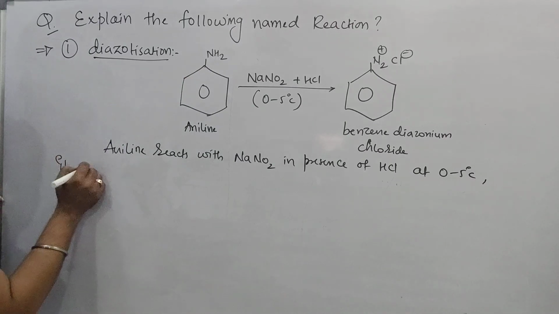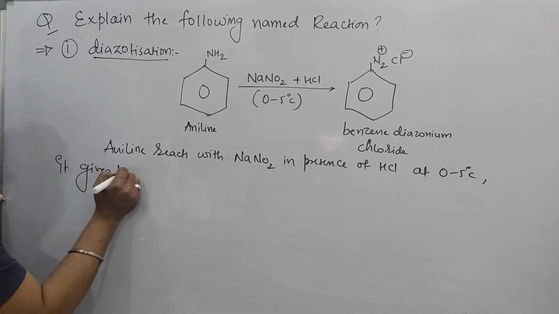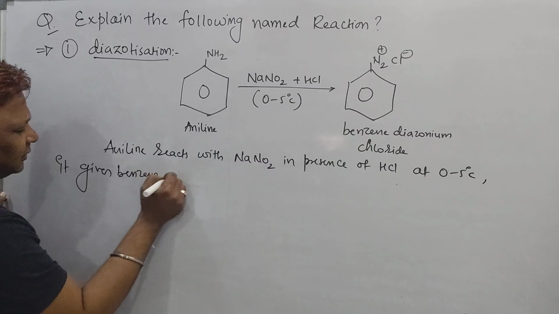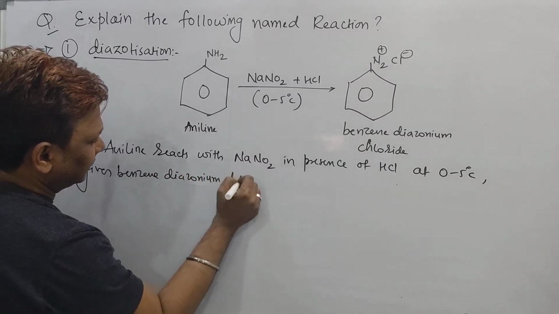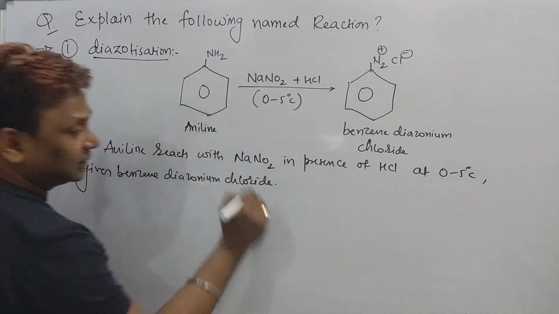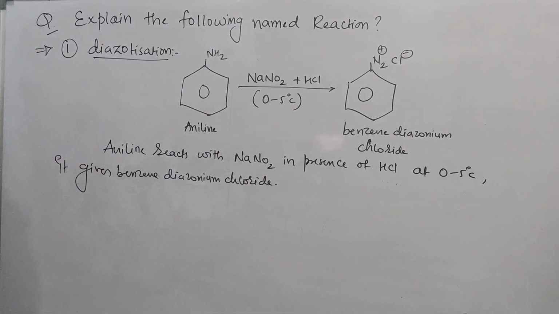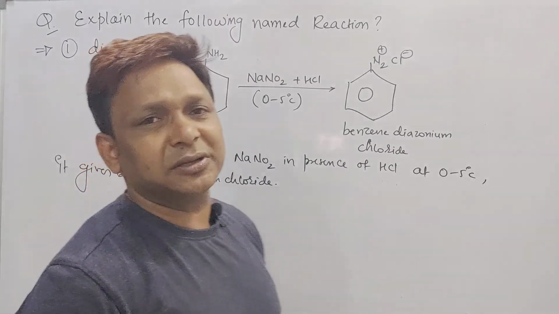It gives benzene diazonium chloride. This is one of the name reactions we did here.